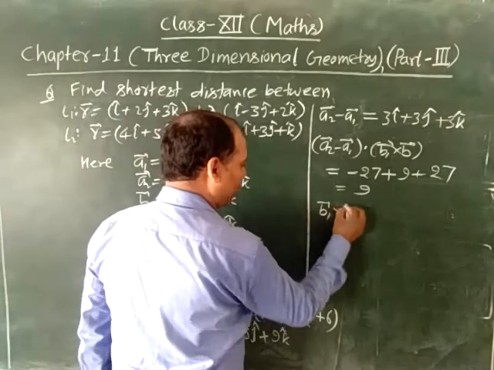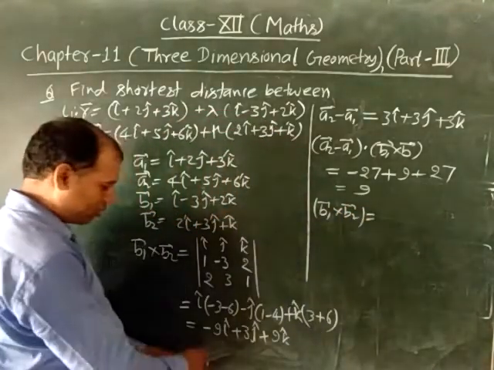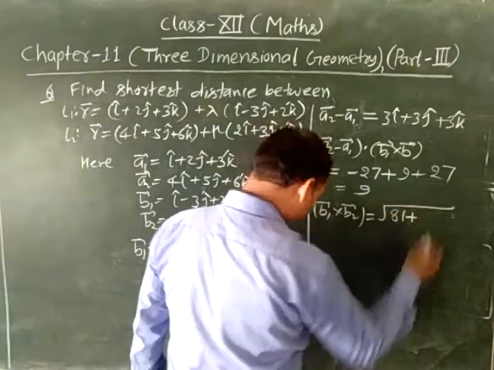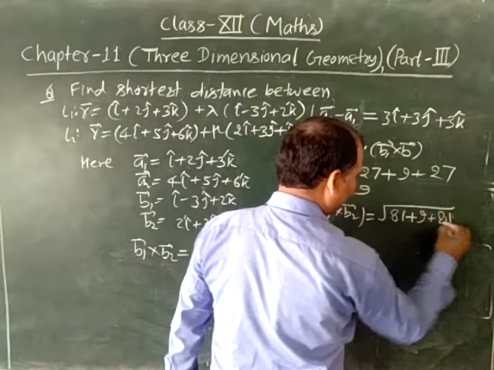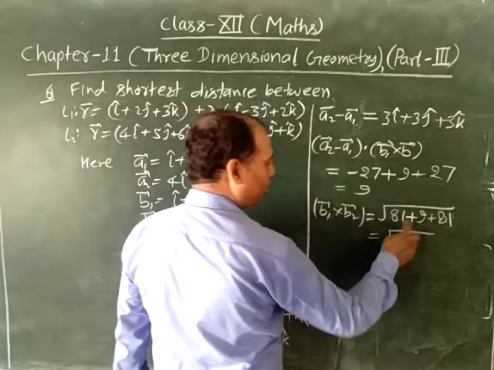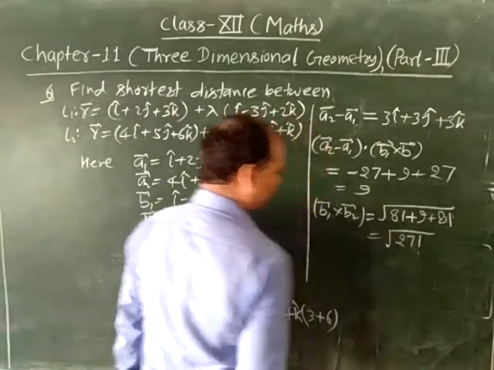And the modulus of b1 cross b2 is equal to under root 81 plus 9 plus 81, so this is equal to under root 171.